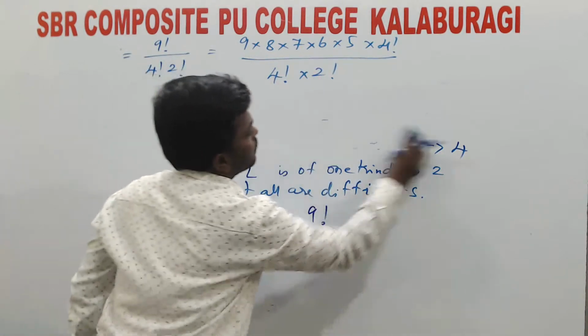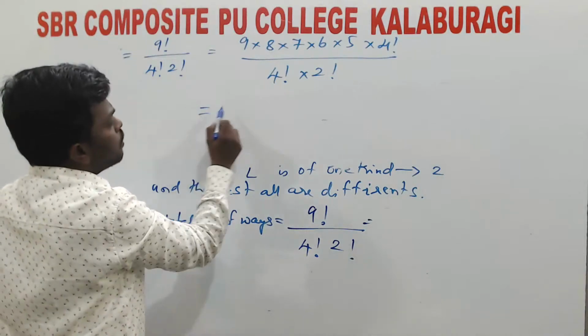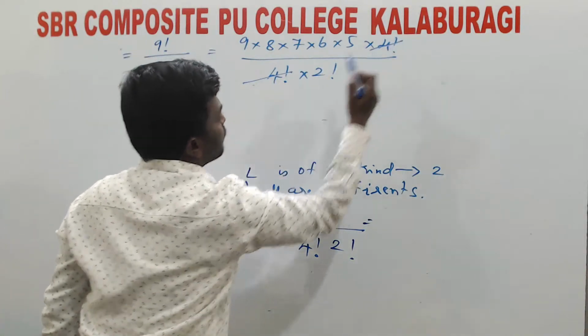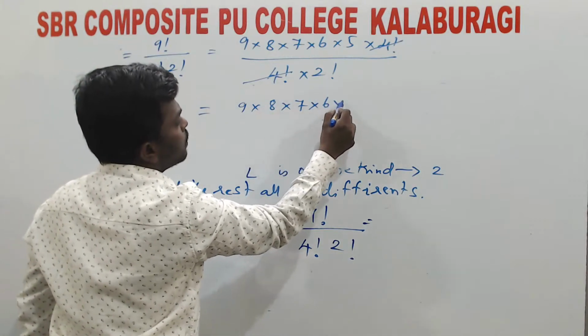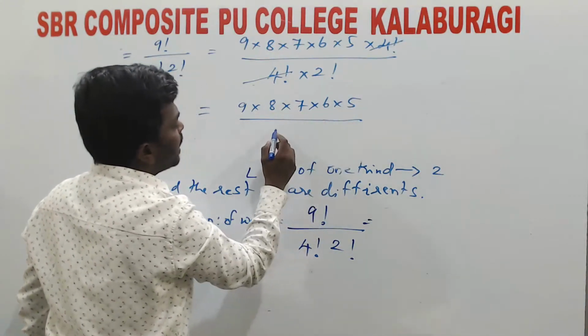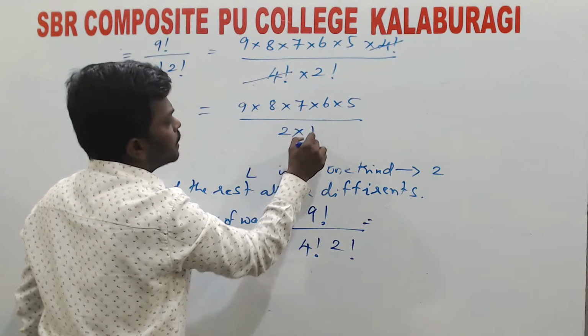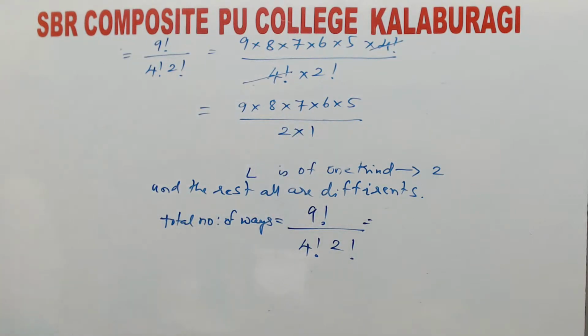Right, students? So now 4 factorial cancels. 9 into 8 into 7 into 6 into 5, whole divided by 2 factorial. So 2 factorial is nothing but 2 into 1.